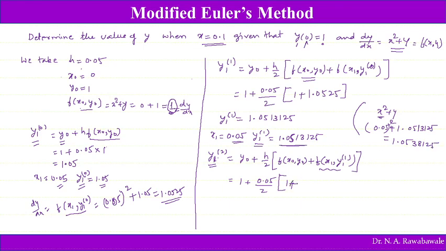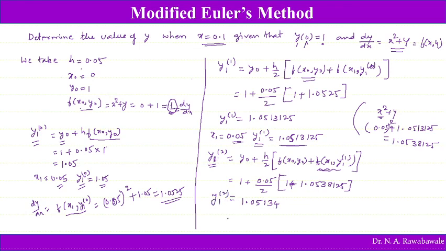Substituting this value, we get y1 of 2 as 1.05134.